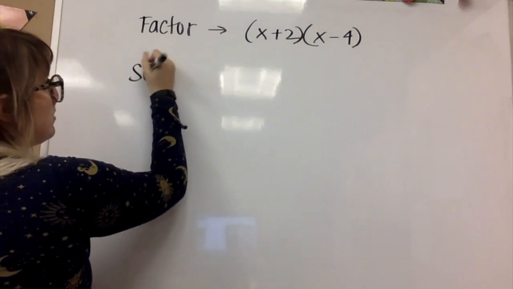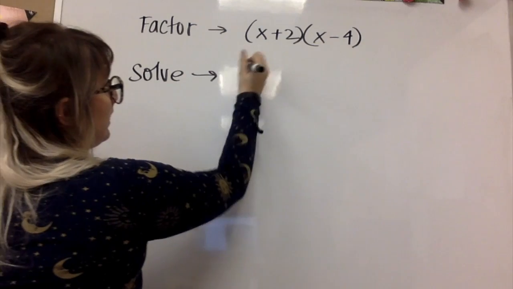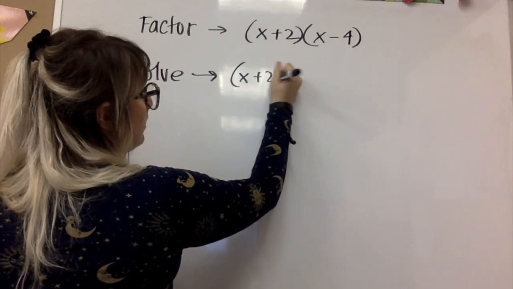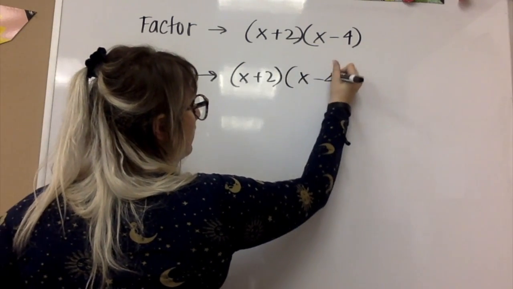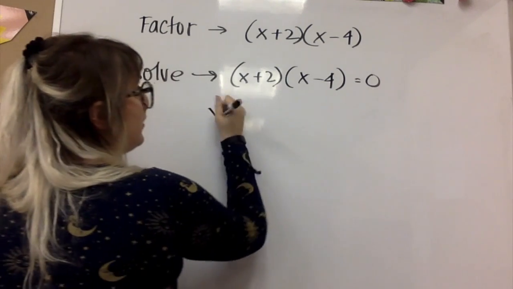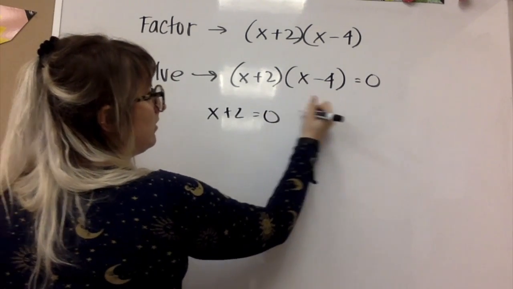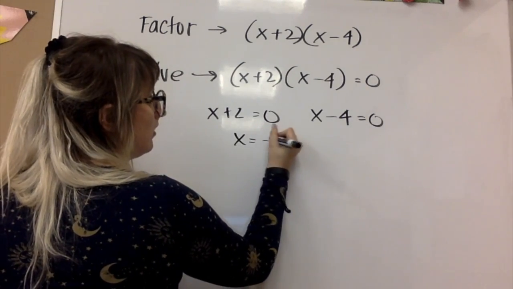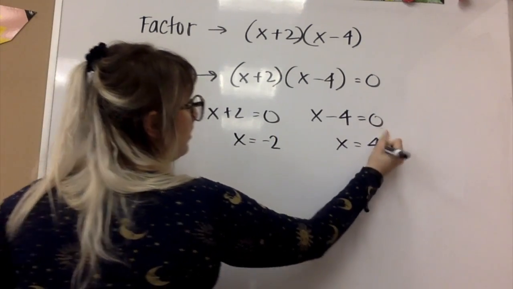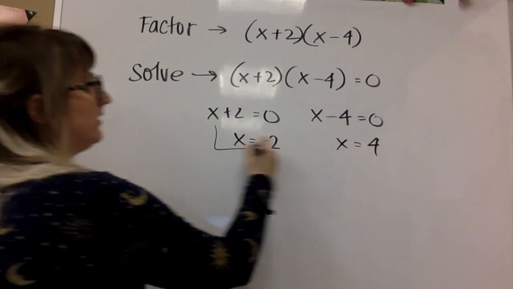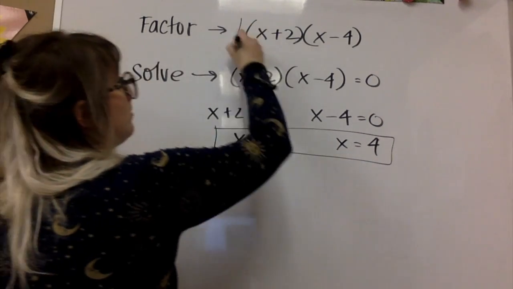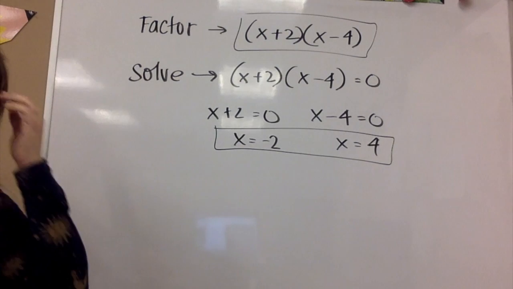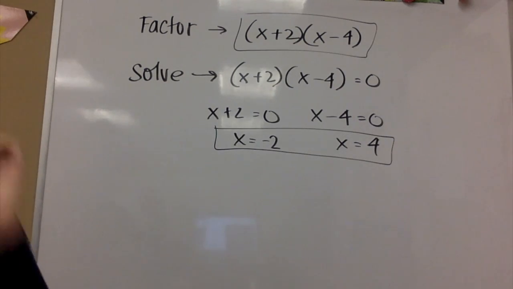If we ask you to solve, your answer is going to be like this. So x plus 2 equals 0. Alright, so this would be your answer for solving. This would be your answer for factoring. So maybe take note of the difference, because you're going to be asked that.